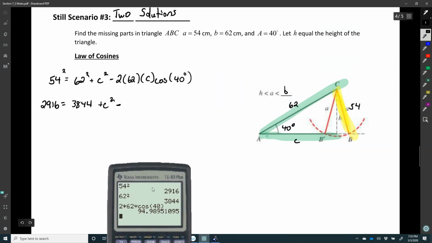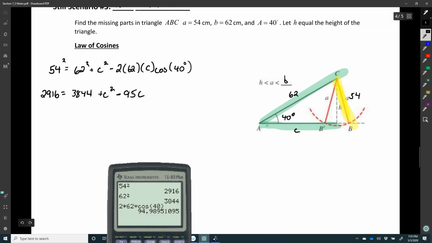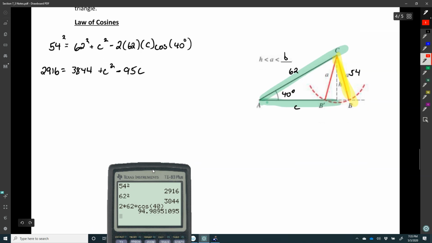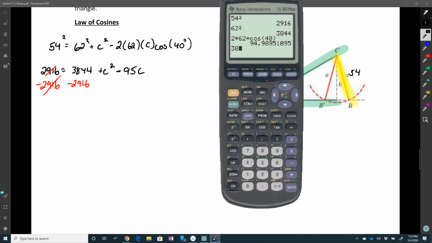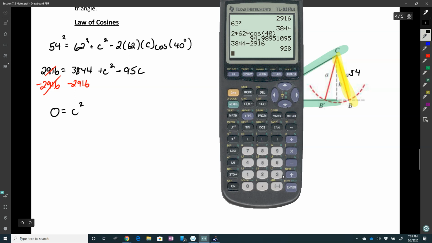So I'm just going to say 95c. I subtract 2916. 928. So 0 equals c squared minus 95c plus 928.